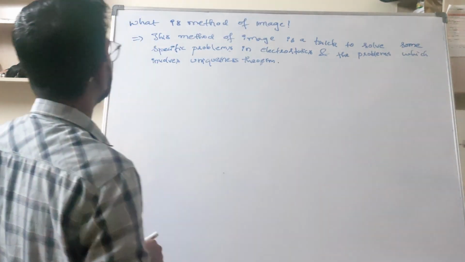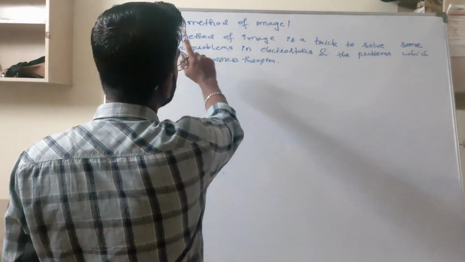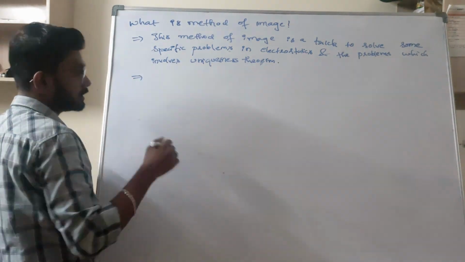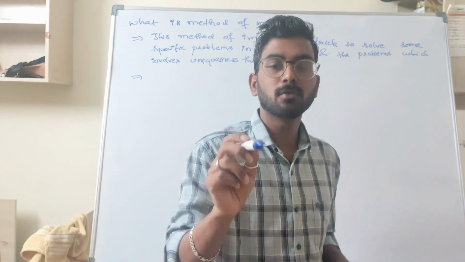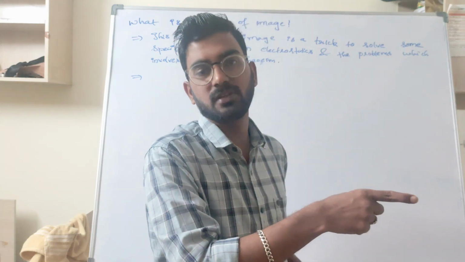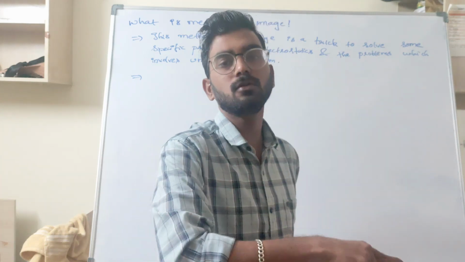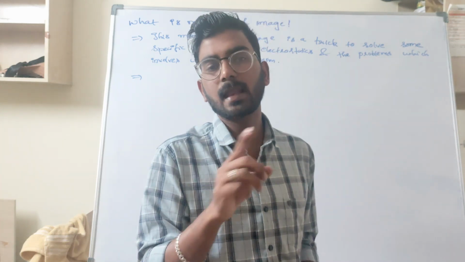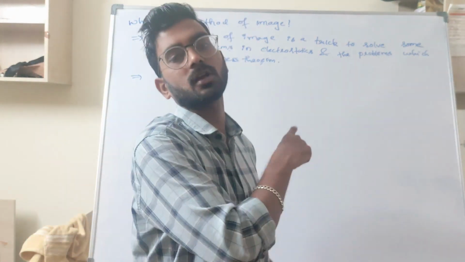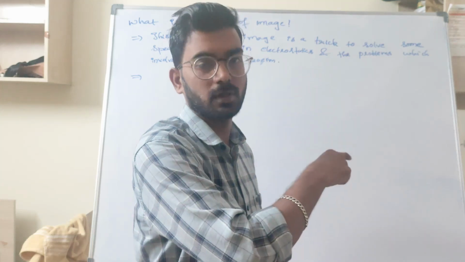So what I told you: the uniqueness theorem and also some specific problems in electrostatics, where you can use the uniqueness theorem to find the solution of the Laplace equation. One solution will be there; that solution you can find by using the Laplace equation. Without using the Laplace equation or Poisson's equation, you are able to find the potential at a point due to a point charge by applying the method of images.